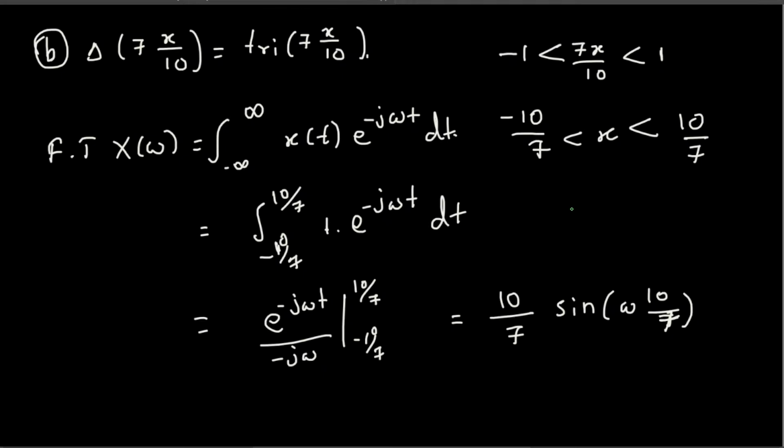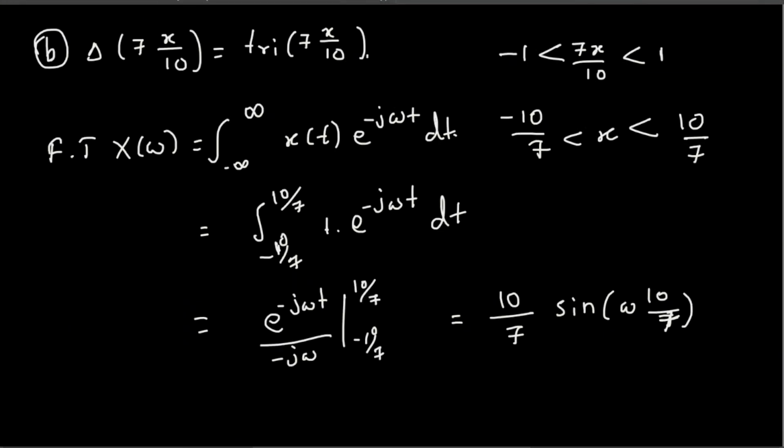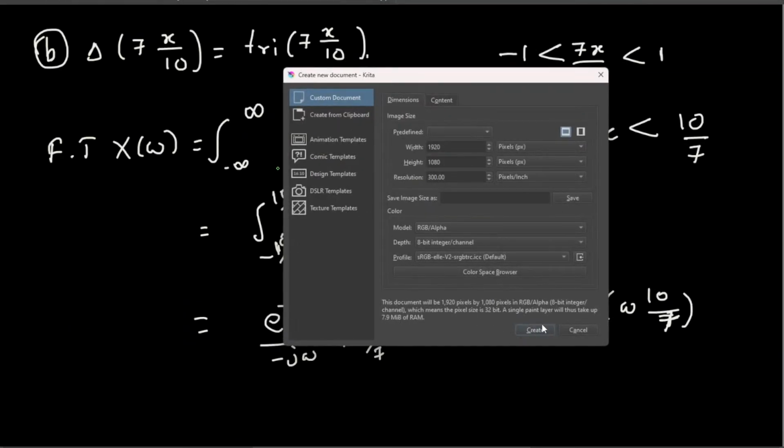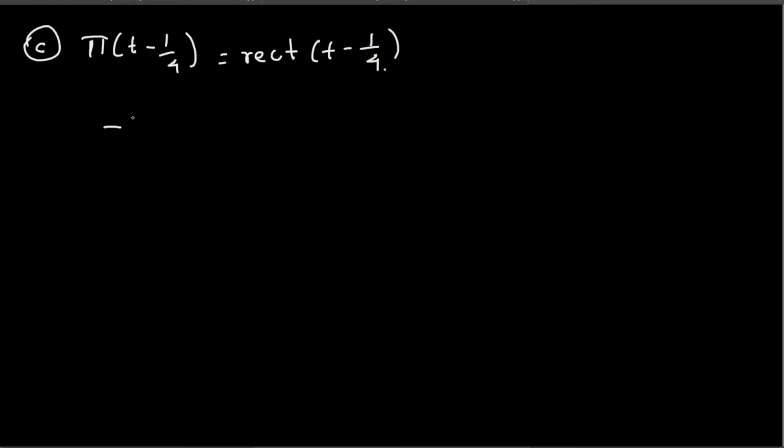Now the last part we are going to deal with is another rectangular function, the C part: rect(t minus 1 over 4). For the rectangular function, we take the interval from minus half to half.